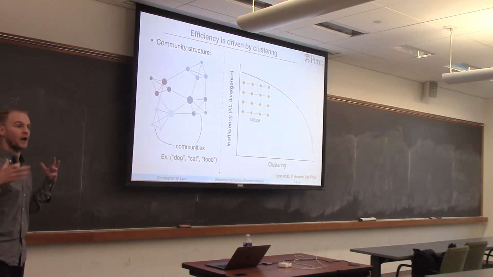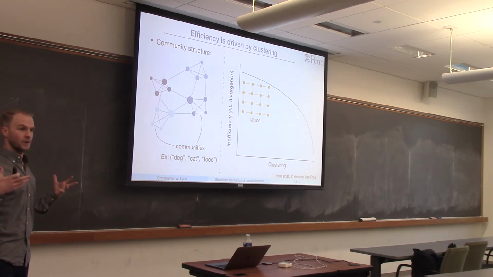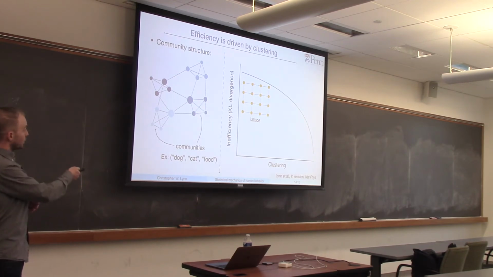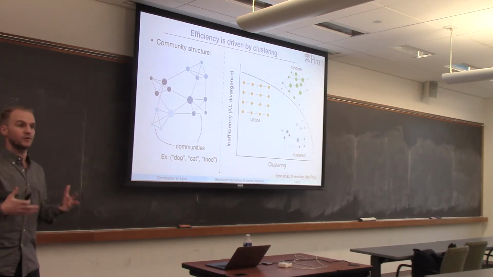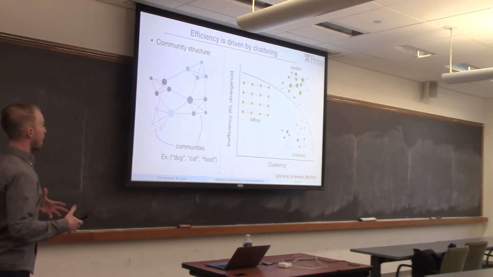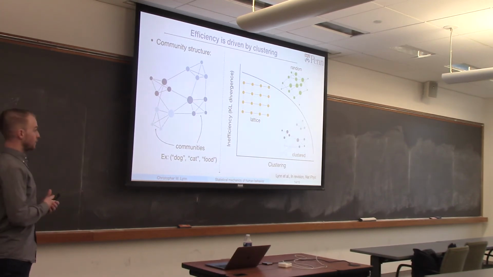So when there's no natural grouping, it's hard for them to anticipate what's coming next. And then you can look at random networks again, and these are slightly more clustered and therefore have slightly lower inefficiency. And then you can look at these very clustered networks, and they're the most efficient. They have the lowest inefficiency in terms of communicating information to humans.